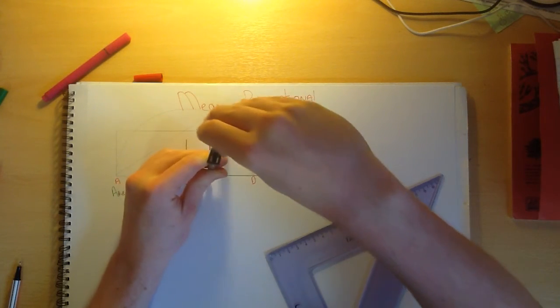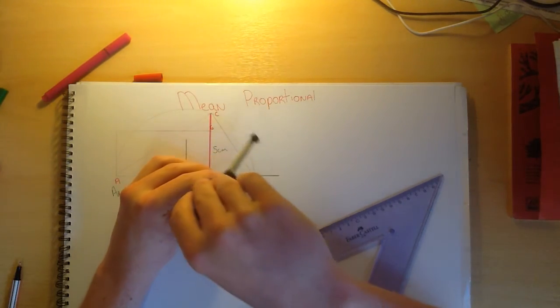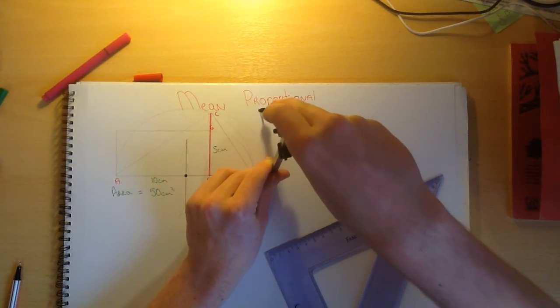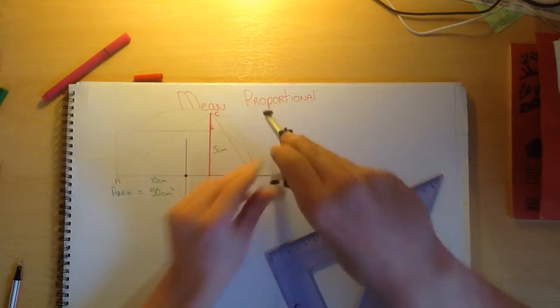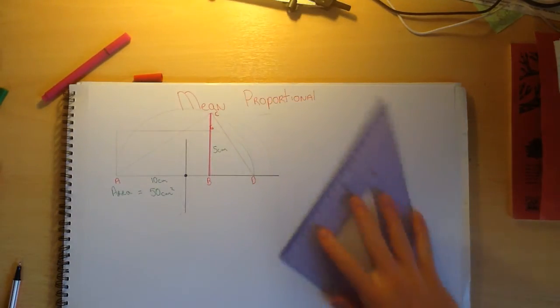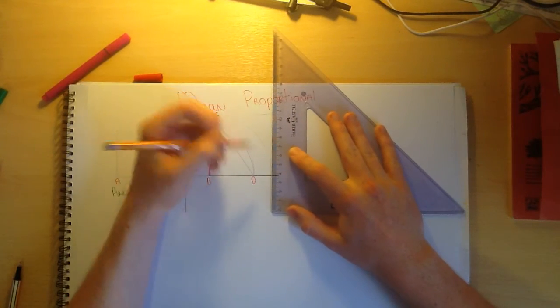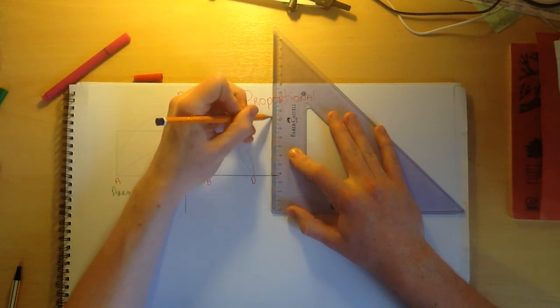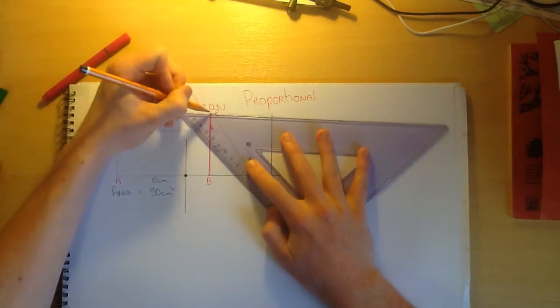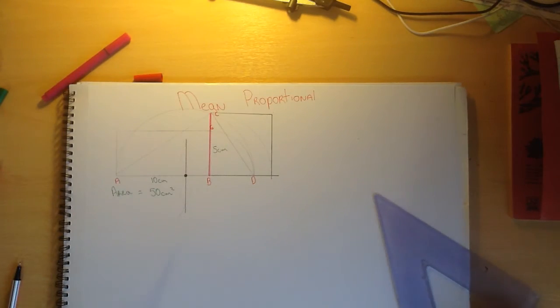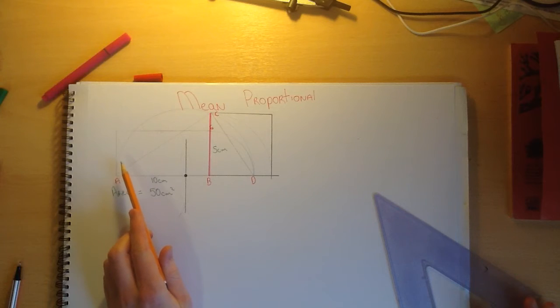I'm going to bring this down to the baseline. Now, let's bring this up. So, this square that's been constructed is of equal area to the rectangle.